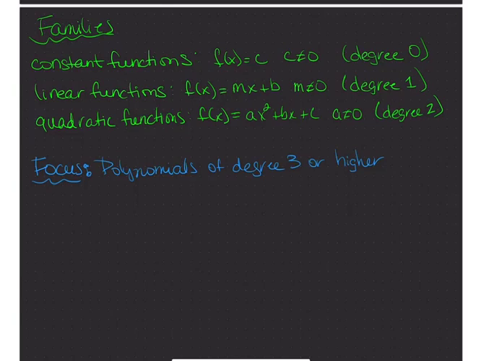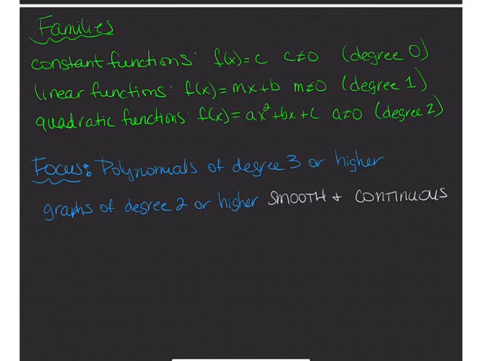When we make our graphs of our polynomials, graphs of degree 2 or higher, we call them smooth and continuous. They need to be smooth and continuous, right? So what do we mean by that?